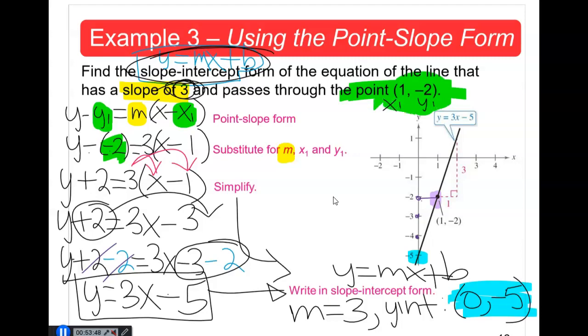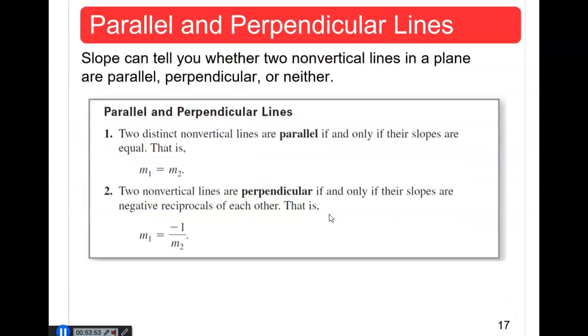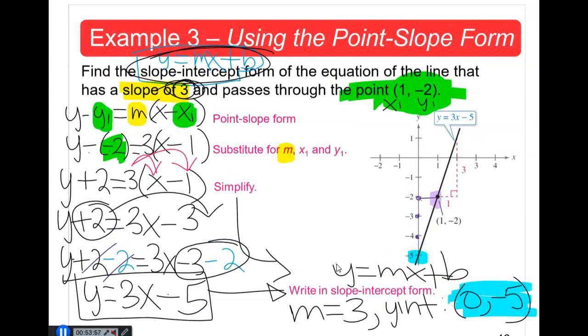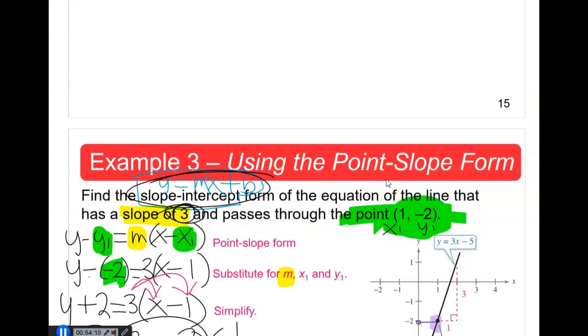The 1, negative 2. Okay, so moving on, the next topic is, let me tell you some things that could happen to you while you're doing your homework. You could be given a slope, and instead of being given a point, they could tell you the x-intercept.